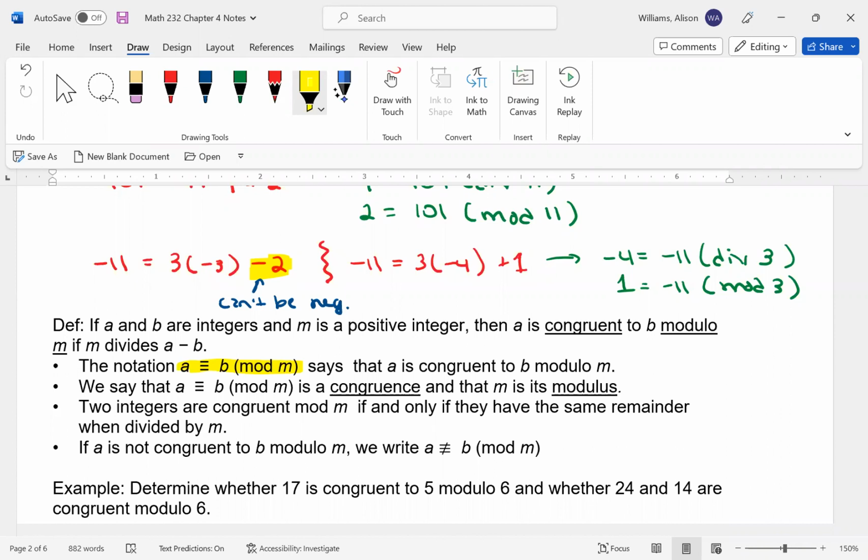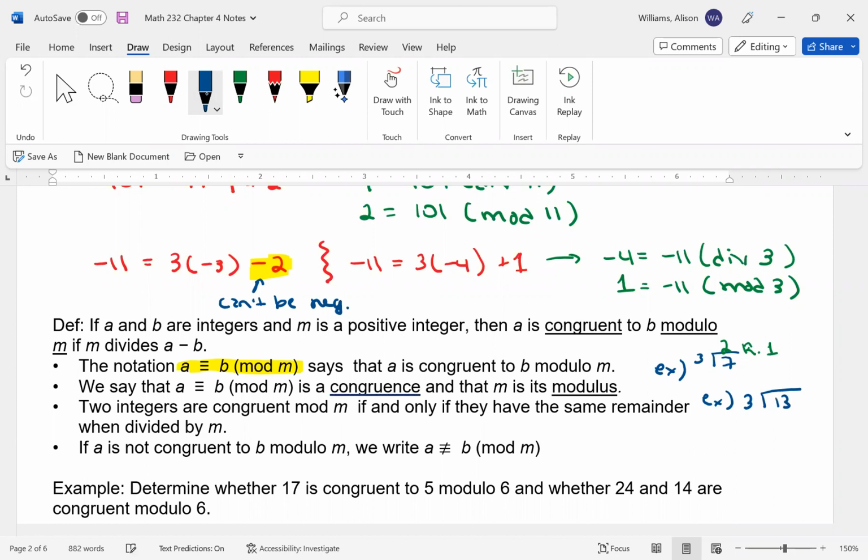For example, 3 into 7, I think, was one that we did earlier, right? 3 goes into 7 twice with a remainder of 1.